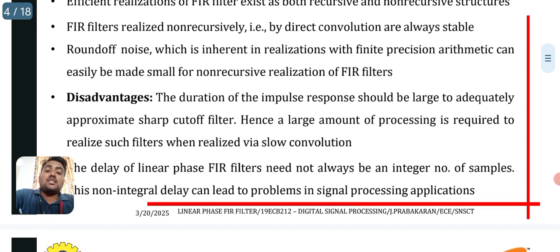The disadvantages: the duration of the impulse response should be large to adequately approximate a sharp cutoff filter. Hence, a large amount of processing is required to realize such filters when realized via slow convolution, so it leads to latency.